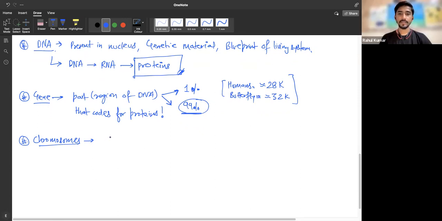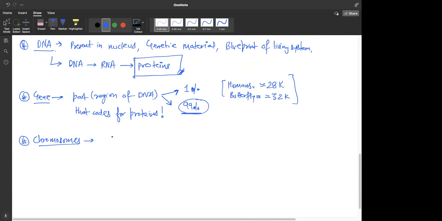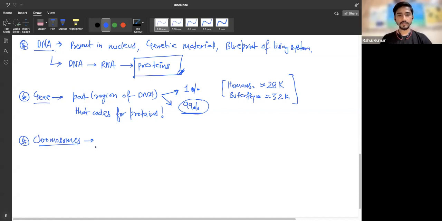Each haploid human cell contains 23, and a diploid cell contains 23 pairs. So when you say each cell contains 23 chromosomes or 23 pairs of chromosomes, you have to specify that the cell is a human cell. Each Drosophila cell, or fruit fly cell, contains only 4 chromosomes or 4 pairs of chromosomes.